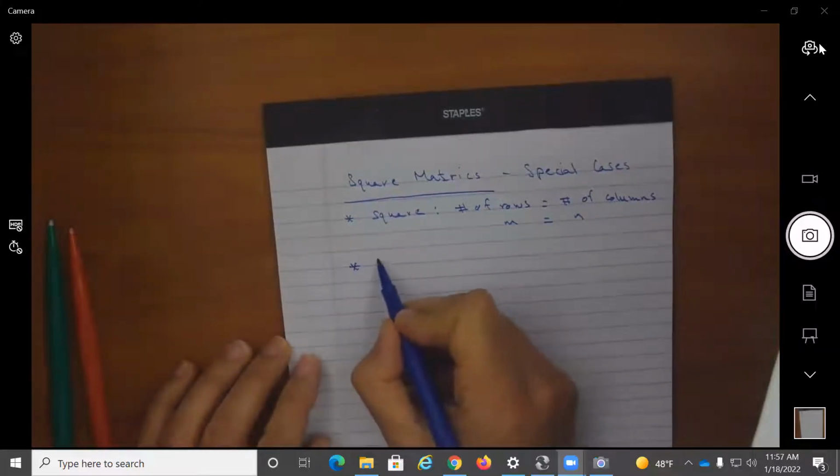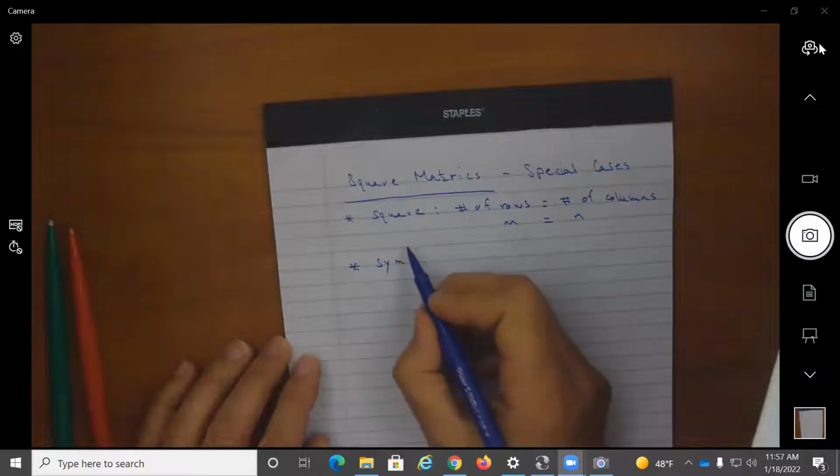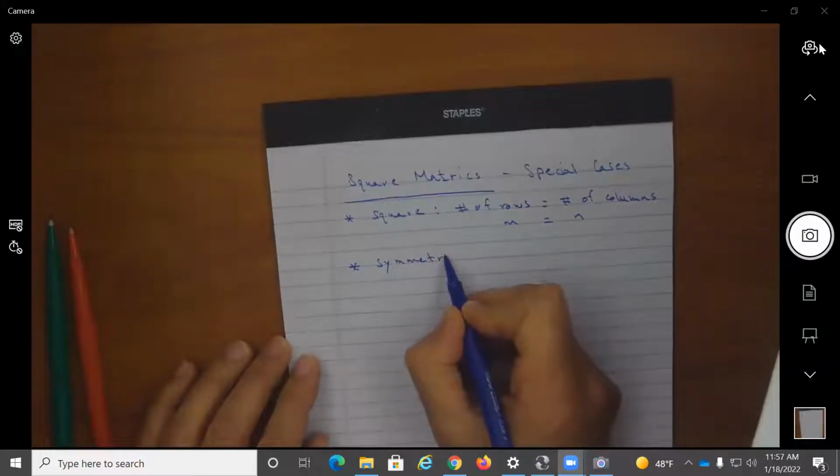So one special case is when I have a symmetrical matrix.